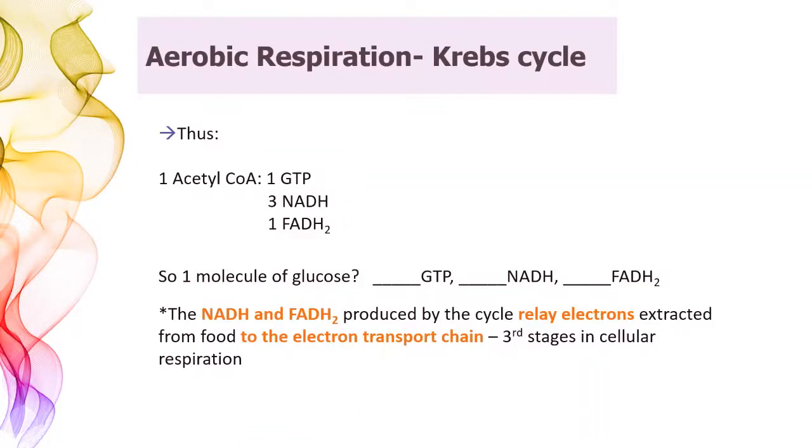So here what we can get is that from 1 acetyl-CoA, after it has entered the Krebs cycle, there will be 1 GTP or ATP directly produced by substrate level phosphorylation, 3 NADH, and 1 FADH2.